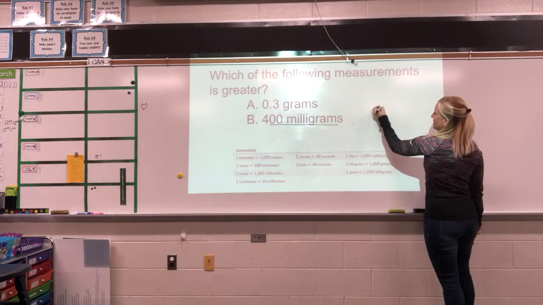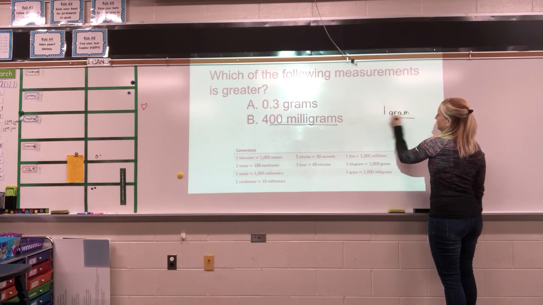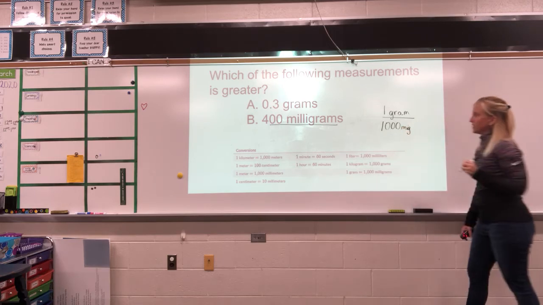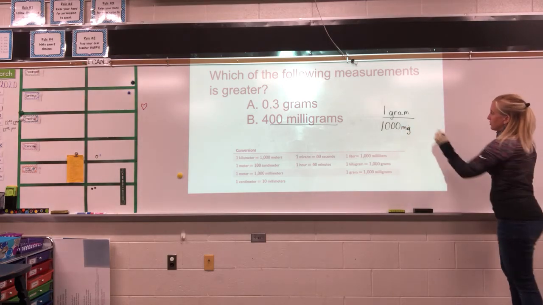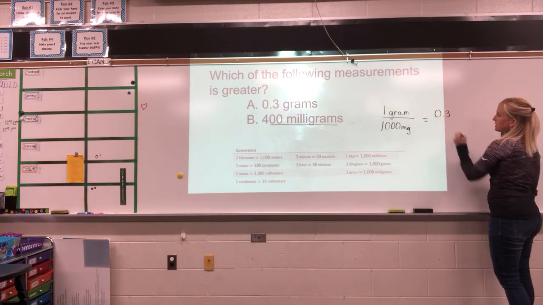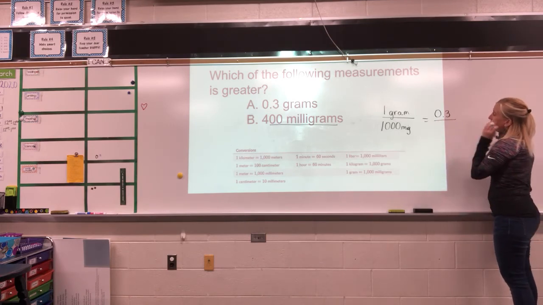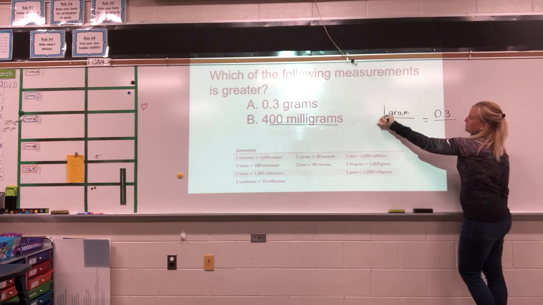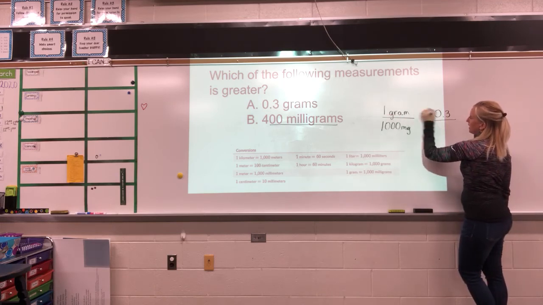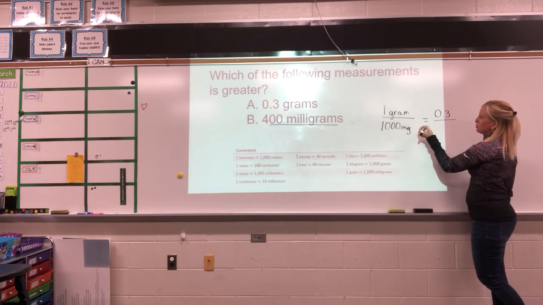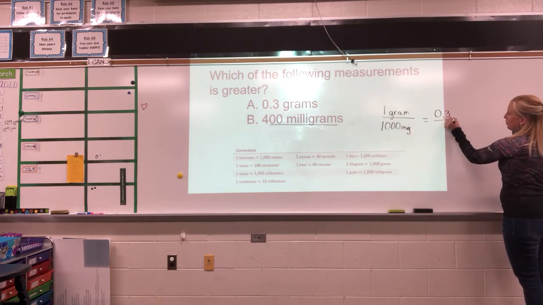If I know that 1 gram is 1,000 milligrams, and here I have 0.3 grams, and I want to know how many milligrams that's going to be, I should be able to move my decimal 3 times, 1, 2, 3, to get that this is going to be 300 milligrams.